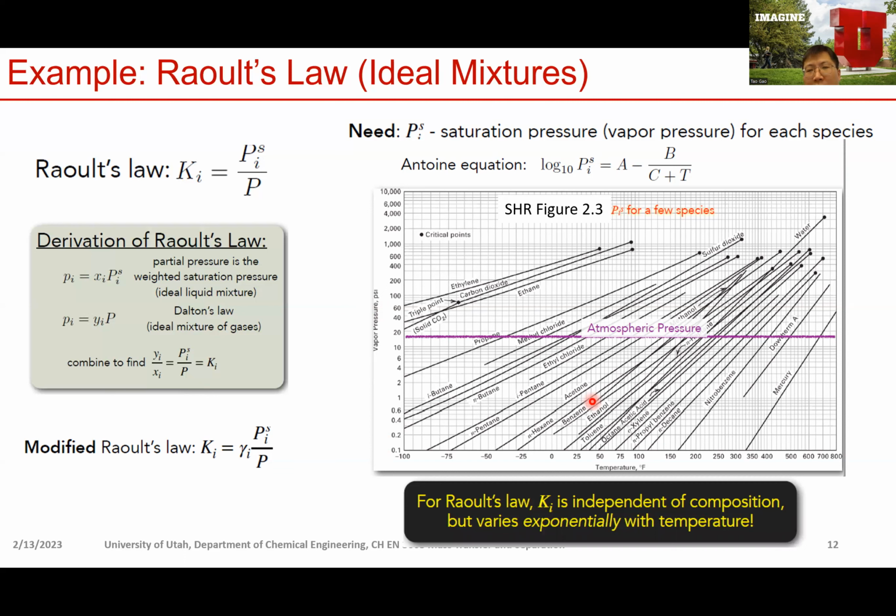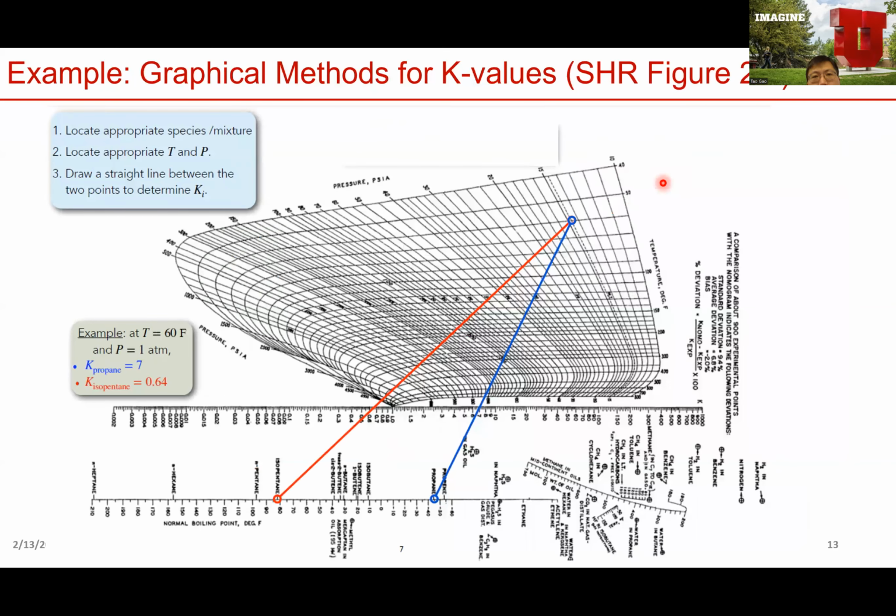So for Raoult's law, as you can see here, Ki is only dependent on saturation pressure, which depends on temperature in an exponential manner, but does not depend on composition, right? Which is a huge assumption. Now, for Raoult's law, you can use a computer to give the parameters for Antoine's equation, then you can compute the K value at any temperature for a given species.